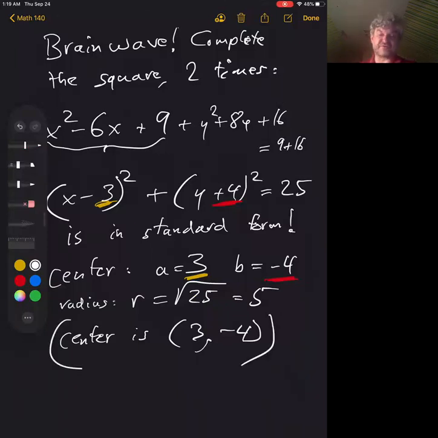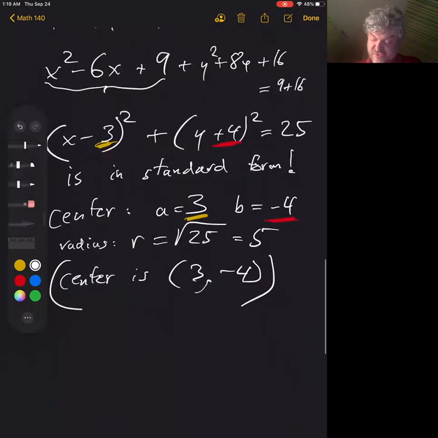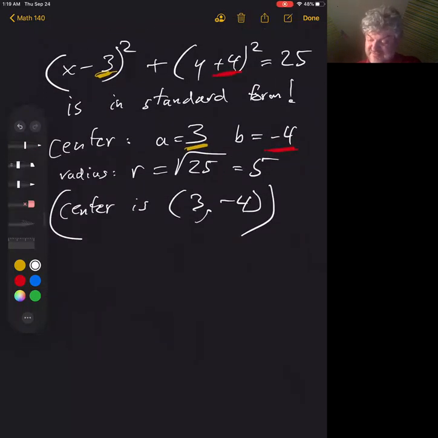And to just spell this out, a is 3, b is −4, really told me what the center is, but to write it as a point, you want to put it in parentheses. Well, that's how to get from an equation, which is a beautiful example for a relation that's not a function, to the geometry and center and radius, and to sketch such a circle.